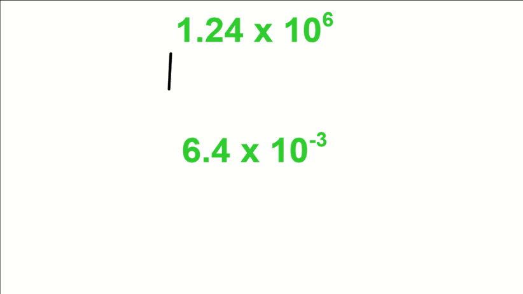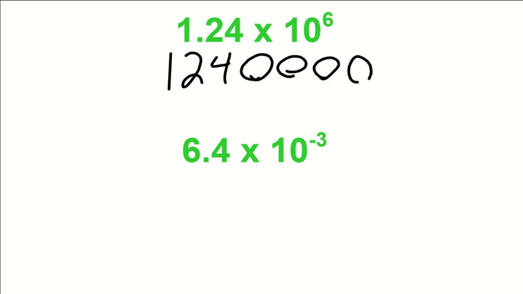All right, so what you need to do: we have the exponent telling us how many digits are going to be after the decimal. The exponent is 10 to the 6th. We already had 2 digits after the decimal.